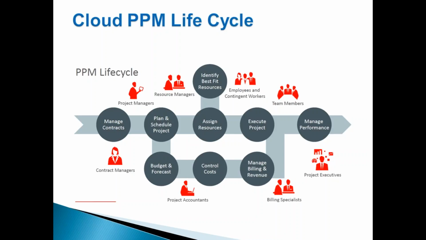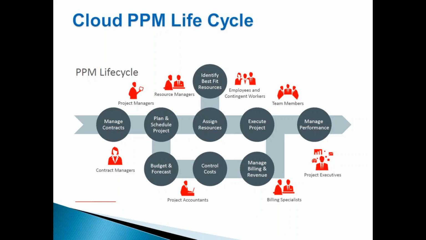Project executives are the top-level management people who look into project performance, ranging from cost accountability to revenue margins, timely completion, percentage of completion, managing customers, looking at cash flow, and identifying budgets. A lot of steps.